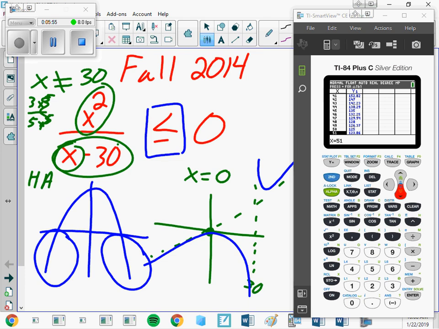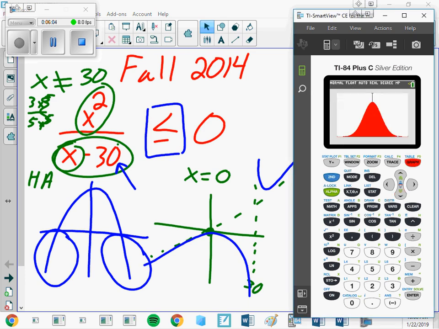Well, they're specifically trying to prevent you from graphing it by putting in that 30, because when you push graph, oh, that's not going to work. Let's do zoom standard. Maybe. So there's part of the graph, but we're missing the other part.